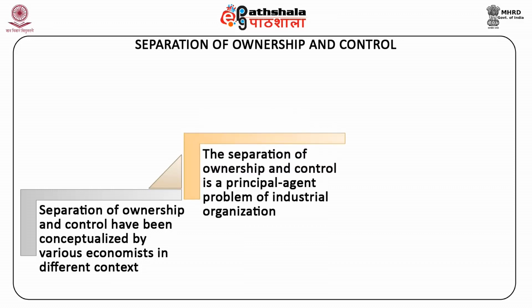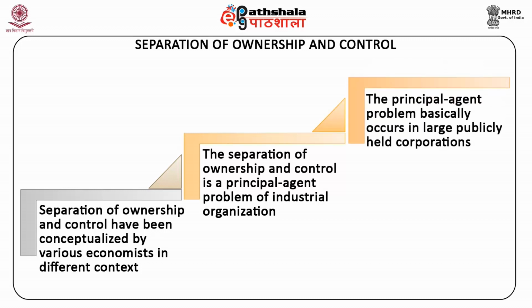The separation of ownership and control is a principal agent problem of industrial organization in which publicly held enterprises or corporations are associated with situations where the residual claimants, that is, shareholders, hardly possess any control over decisions of management. The principal agent problem basically occurs in large publicly held corporations.